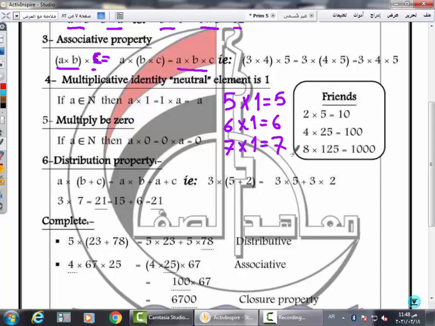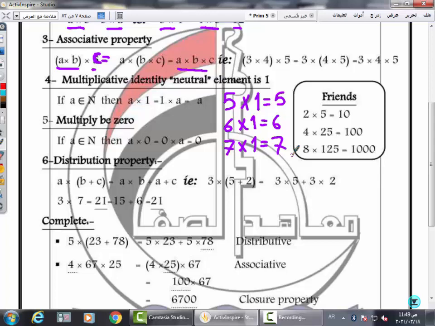If we multiply any number times 1, it gives me the same result. This is the meaning of neutral element. In addition, any number plus 0 equals the same number. In multiplication, any number multiplied by 1 equals the same number.